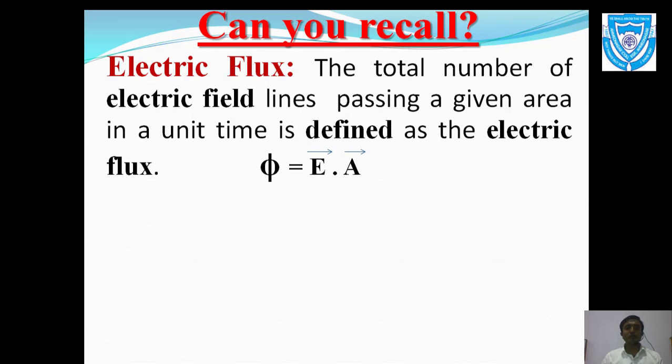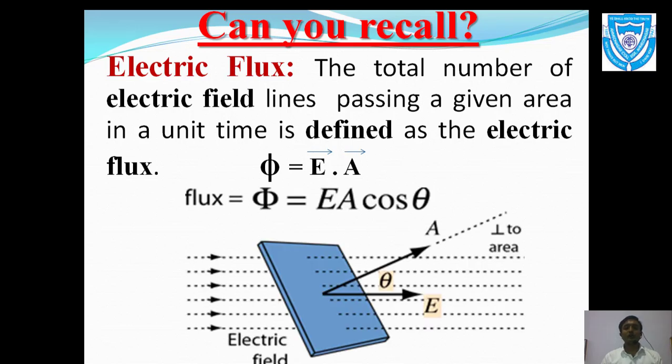There is a dot product between E bar and A bar, and the dot product of two vector quantities is a scalar quantity. By this you can say that phi is a scalar quantity, meaning electric flux is a scalar quantity.